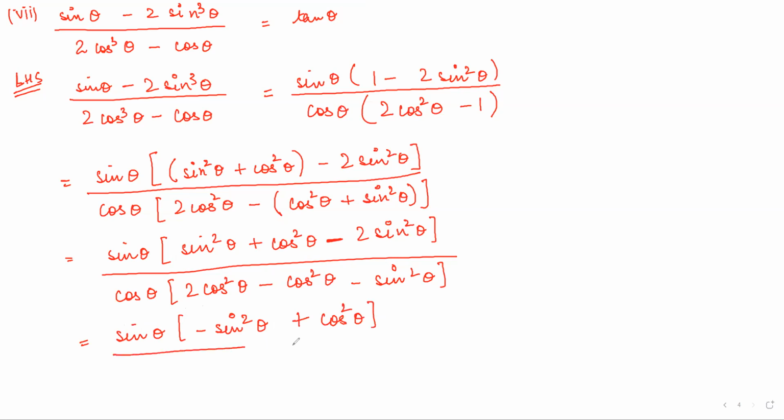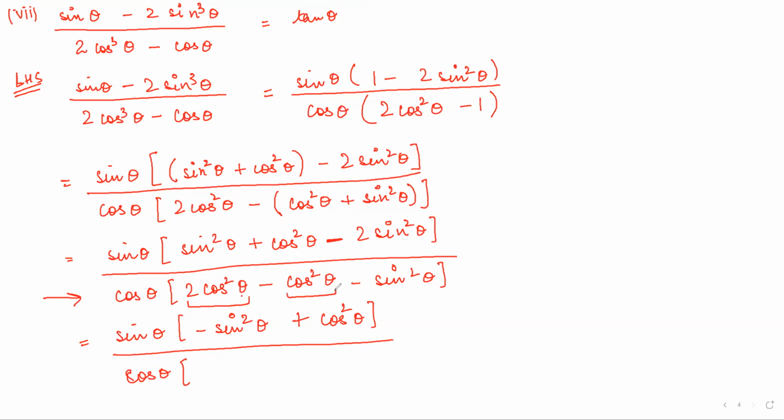Then divided by, I have cos theta. Now you have 2 cos square theta minus cos square theta. So how many cos square theta will remain? How much is 2 minus 1? Look at the denominator: I have 2 cos square theta minus cos square theta.